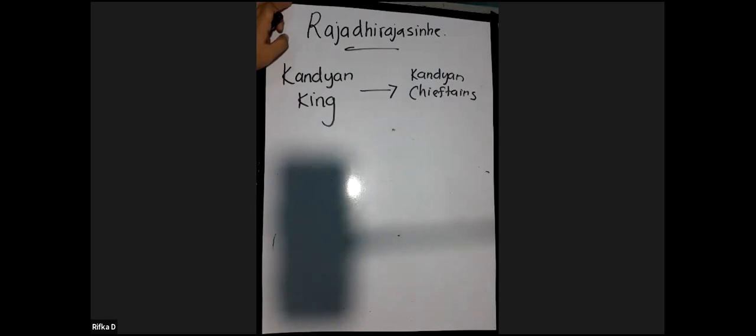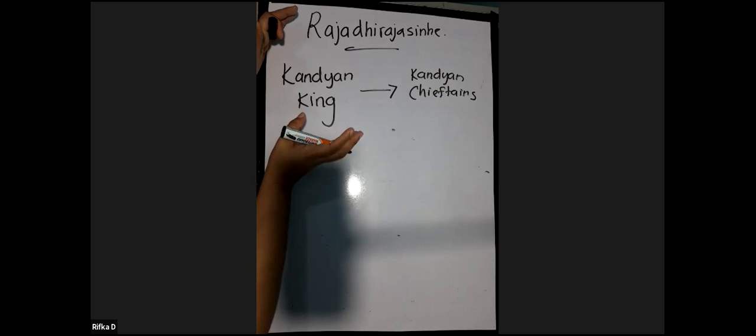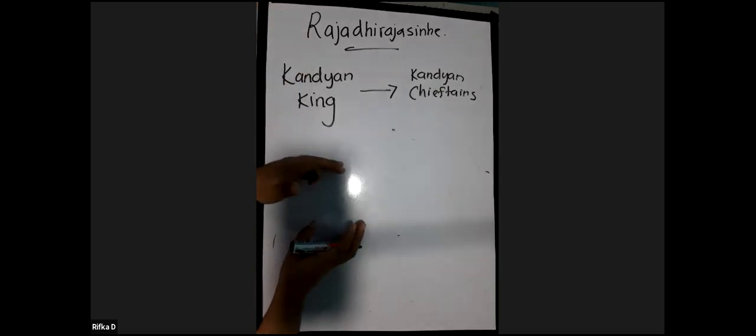Another most important event that took place during the ruling period of King Rajadi Rajasingha was this: while he was ruling the Kandyan kingdom, the coastal areas of Sri Lanka were captured by the English, chasing the Dutch out of the island.